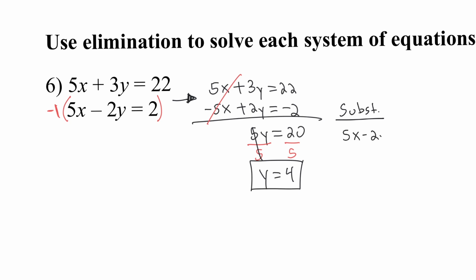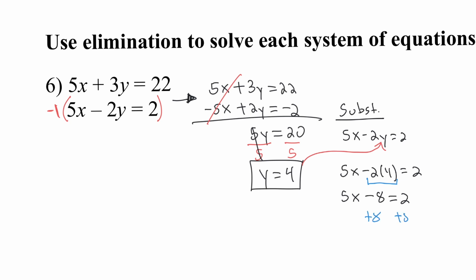5x minus 2y equals 2. And I will substitute the y value right there. So we have 5x minus 2 times 4 equals, and then you guys have the 2. Okay, so you guys substitute. Now you guys solve. So we have 5x minus 8. You guys multiply -2 times 4, that's -8, equals 2. And then you guys add 8 to both sides. Now you guys are solving.